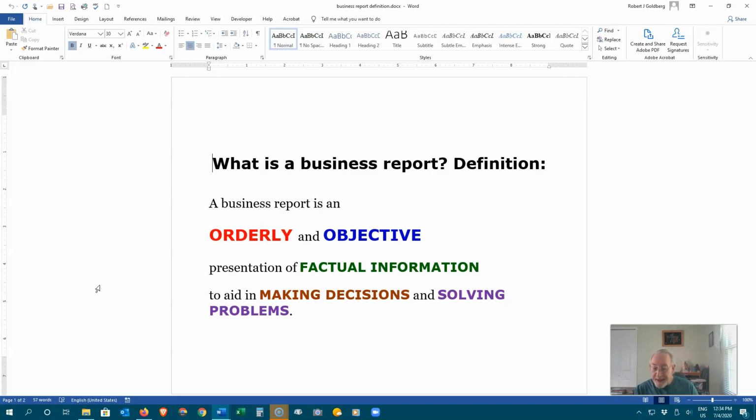First, let's assume we all understand the last part. The purpose of business reports is to help the manager make decisions and solve problems.